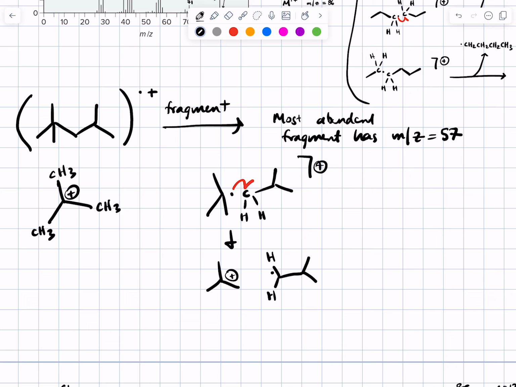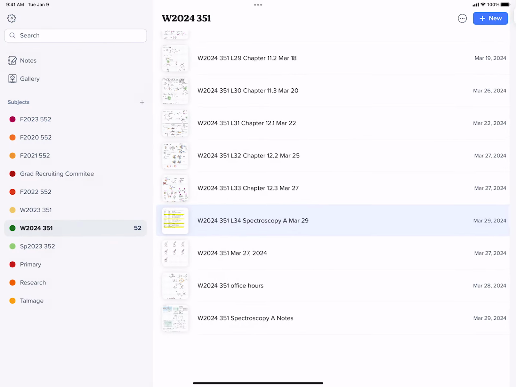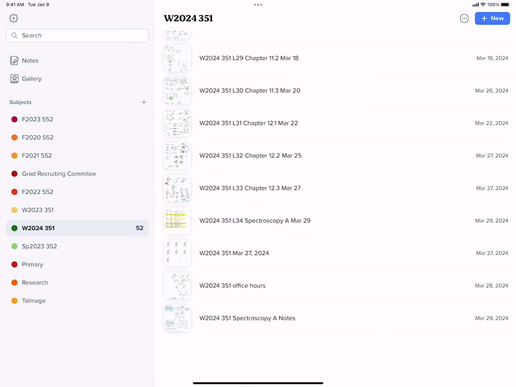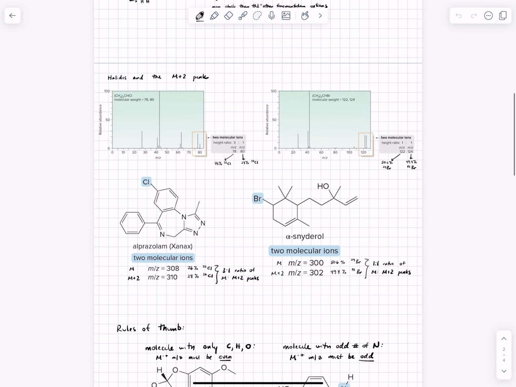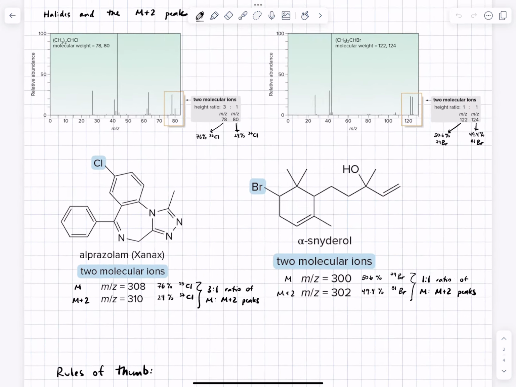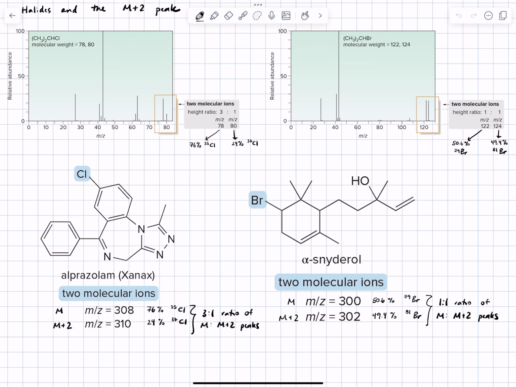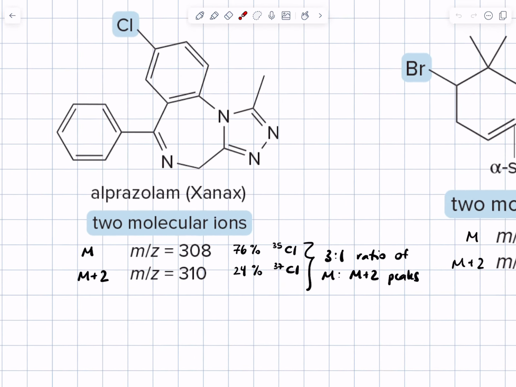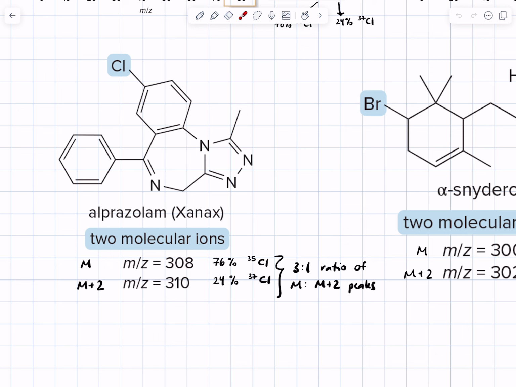Okay, I don't know that we have too much more to say about fragmentation. I want to point out some rules of thumb. We've already talked about halides and the M+2 peak. This just illustrates that. Here is Xanax.